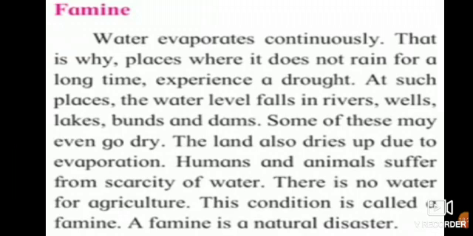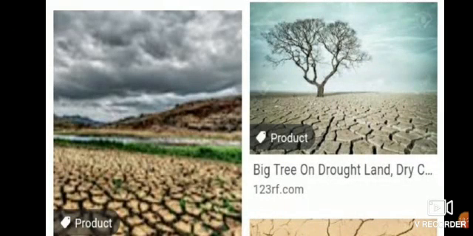Some of these may even go dry. See, if you can see in the picture, this is the famine. The land gets drought, scarcity of food, grains, each and everything. So the land also dries up due to evaporation.